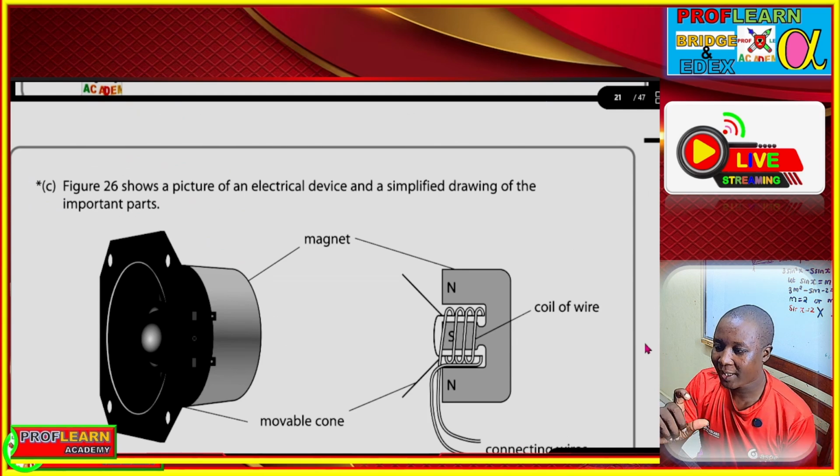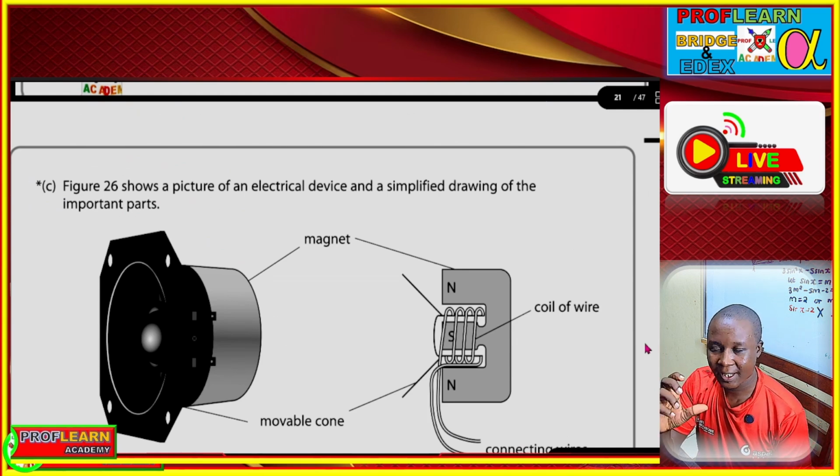So when alternating current flows through the coil, magnetic fields are created due to the flow of current. These magnetic fields interact with the magnetic fields of the permanent magnet.